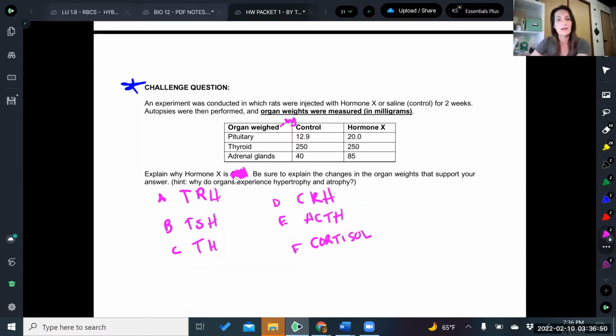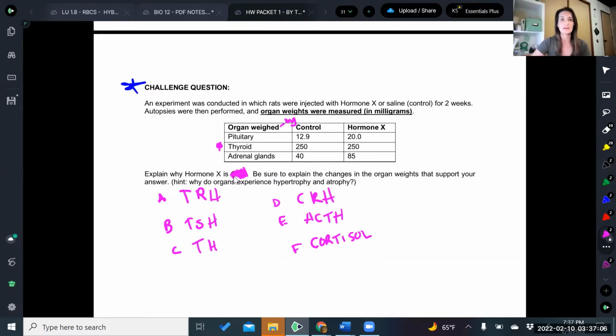If we look here at the thyroid gland, the rats that were injected with hormone X have the same thyroid gland weight as the control rats. There was no change in the thyroid gland.